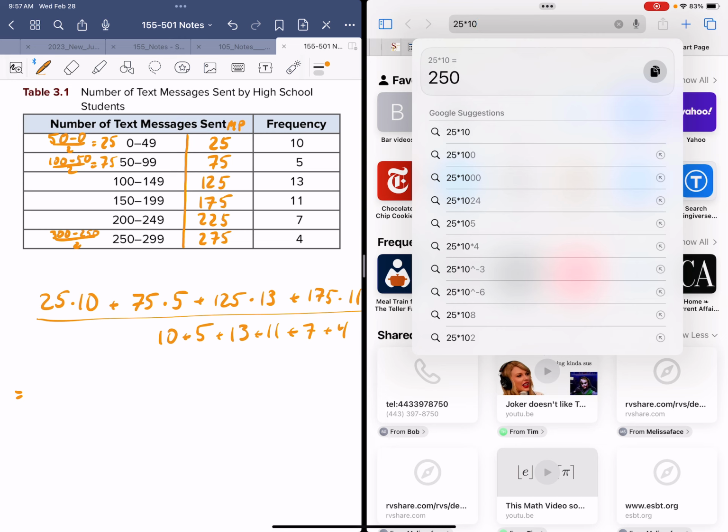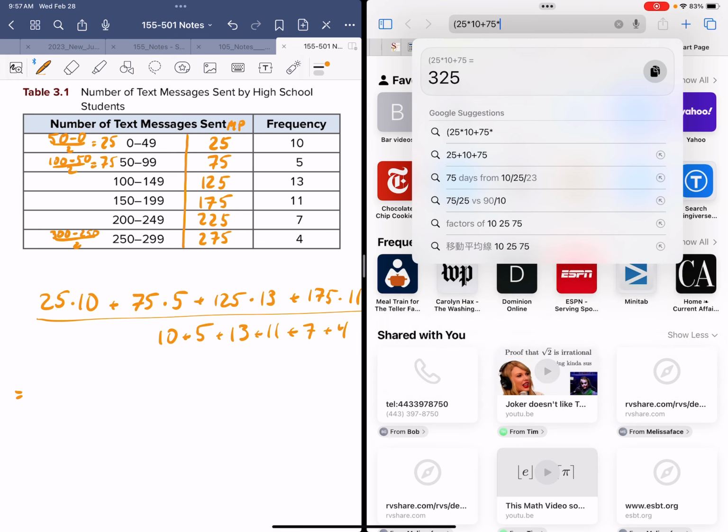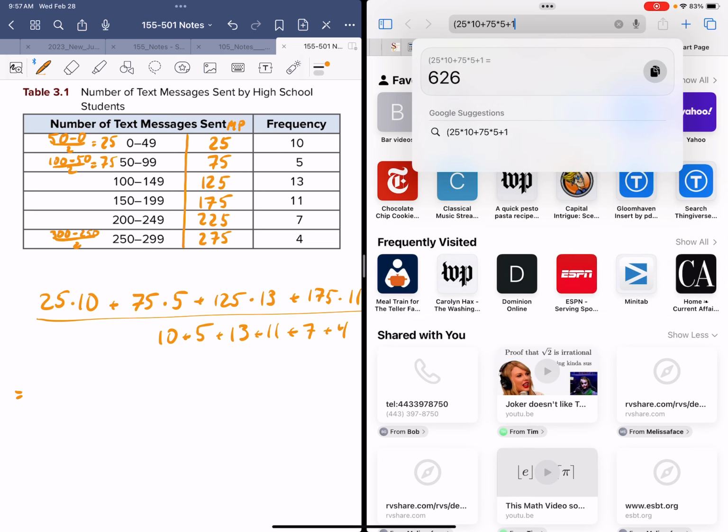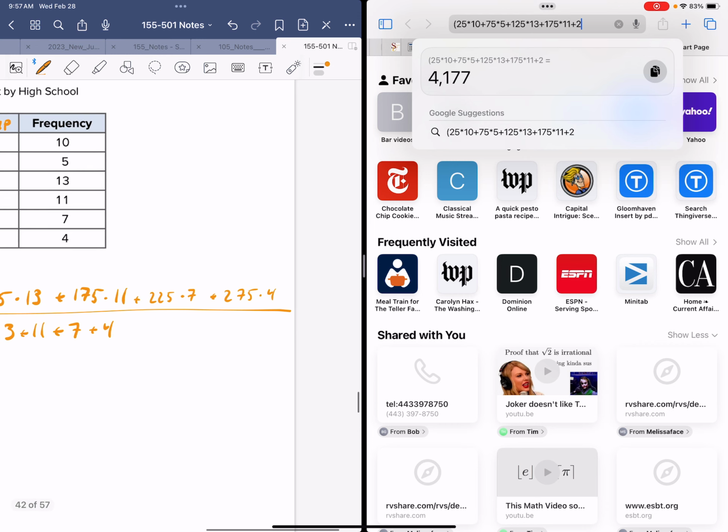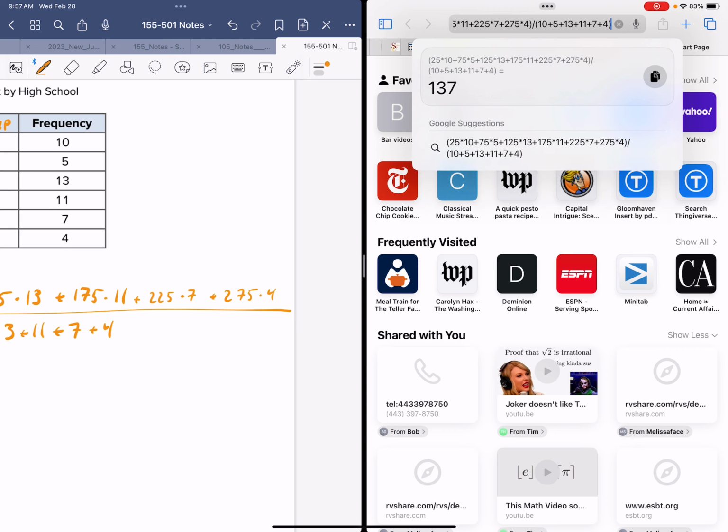Let's put these all in parentheses, plus 75 times 5 plus 125 times 13 plus 175 times 11 plus 225 times 7 plus 275 times 4, divided by, and we're just going to add up the frequencies. And it looks like 137. A nice clean 137 for our answer.